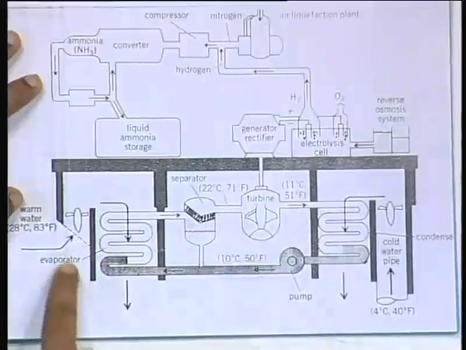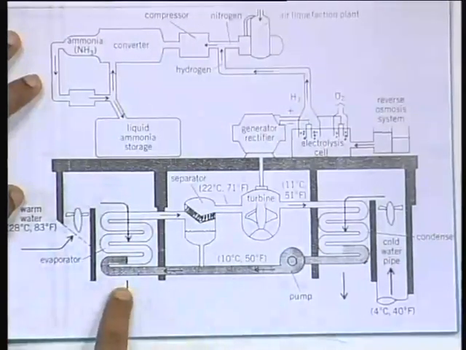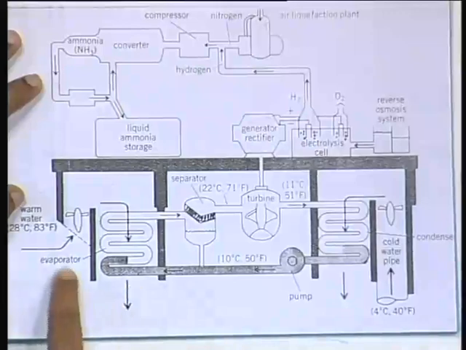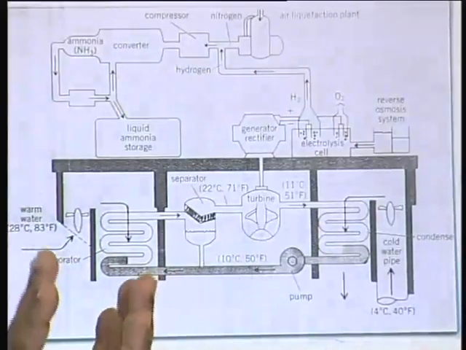In this kind of a cycle, where it is closed cycle, the heat exchanger has to be very efficient, because it has to work against a very small temperature difference, and it has to give that heat to the principal fluid, so it has to be a very efficient heat exchanger. In fact, titanium heat exchanger, titanium pipes are used in the heat exchangers, which maximizes the heat transfer. This is expensive.